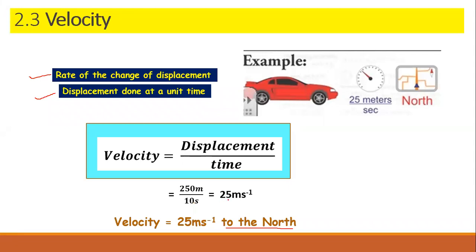And we get the answer 25 meters per second as the magnitude of the velocity. So we can tell the complete answer for the velocity as 25 meters per second to the north. That is our answer. So that is velocity.